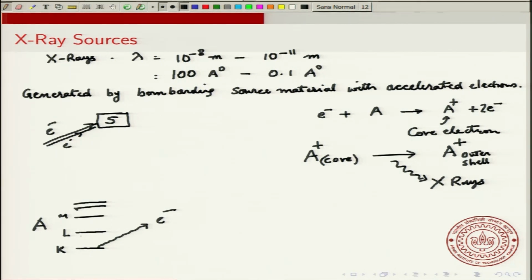One of these higher level shells will come down here. One of the electrons from the L or M shell will come, and when they land, they give X-rays. So this is how X-rays are generated. The electron beam hits the sample and X-rays are generated.